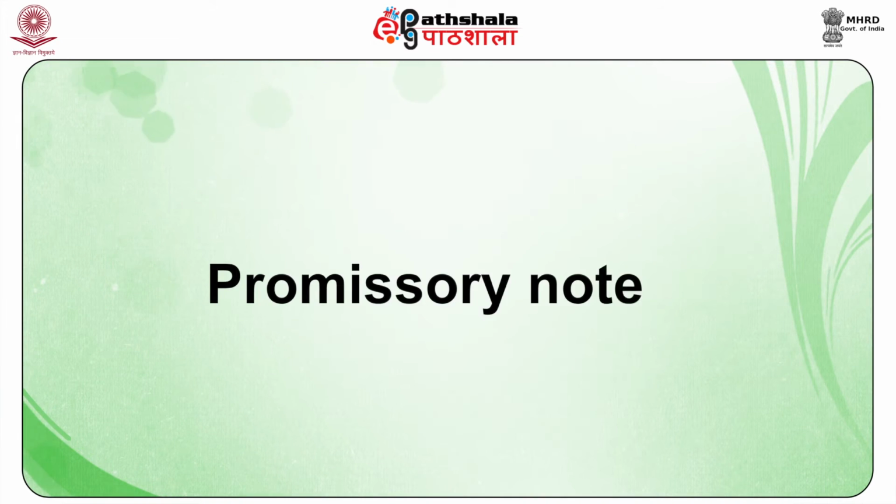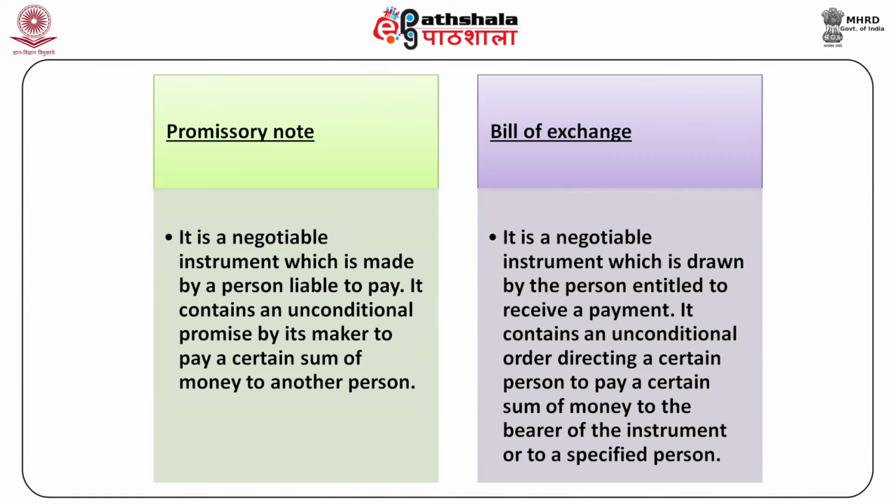Promissory notes. A promissory note is a negotiable instrument which is made by a person liable to pay. It contains an unconditional promise by its maker to pay a certain sum to another person.